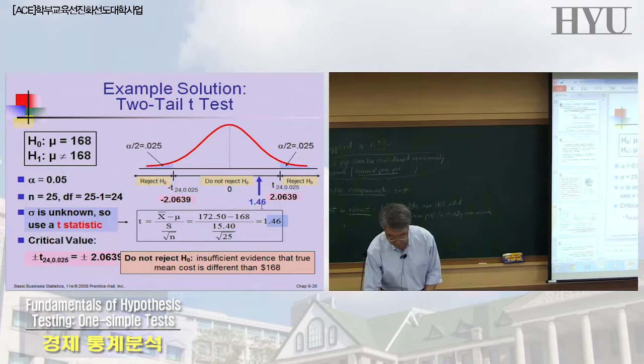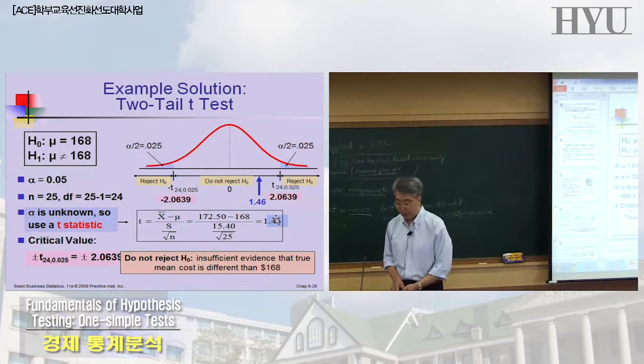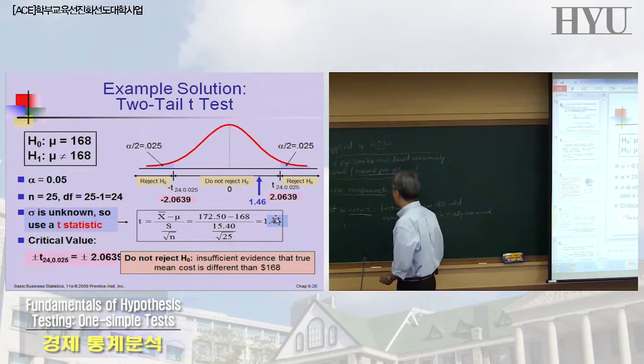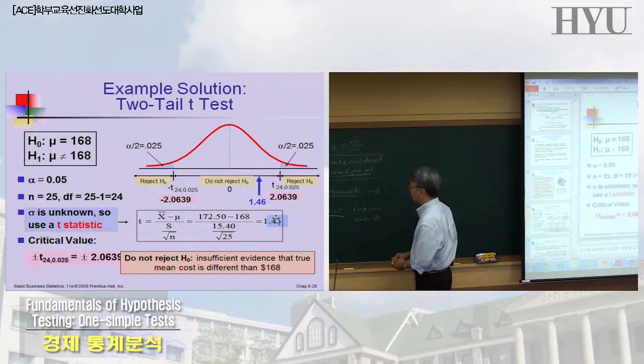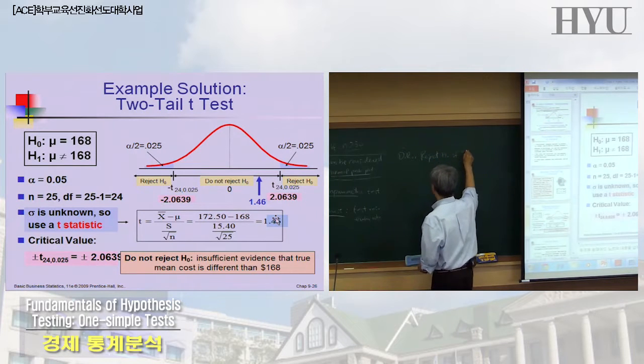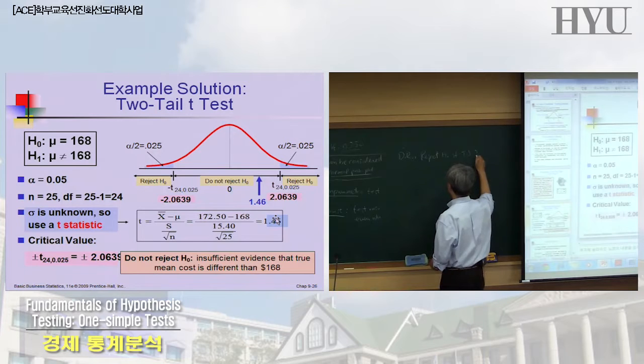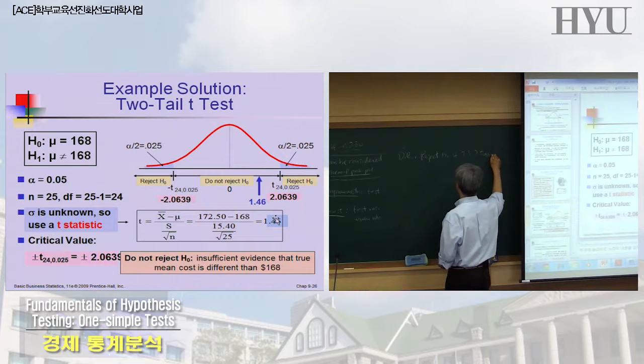So our test statistic is 1.46. Again, when you run the t-test, I want you to state the decision rule. The null hypothesis, alternative hypothesis, test statistic, and the decision rule would be: reject the null hypothesis if the test statistic is greater than t of alpha divided by 2.